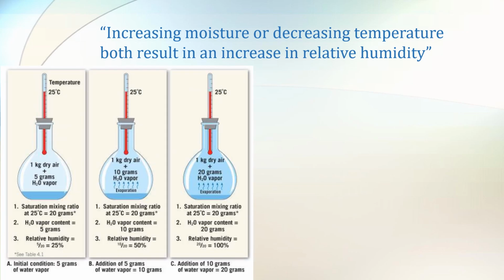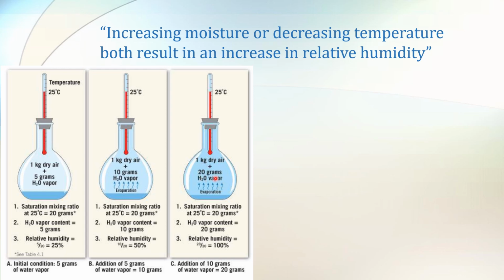So let's see in this figure, we have A, B, and C. First is 5 grams of water vapor. This is the initial condition. In the next one, we have added 5 grams of water vapor, so from 5 grams in the first picture, it has now become 10 grams of water vapor. And in the third picture, there is an addition of 10 grams of water vapor, so now it has become 20 grams.